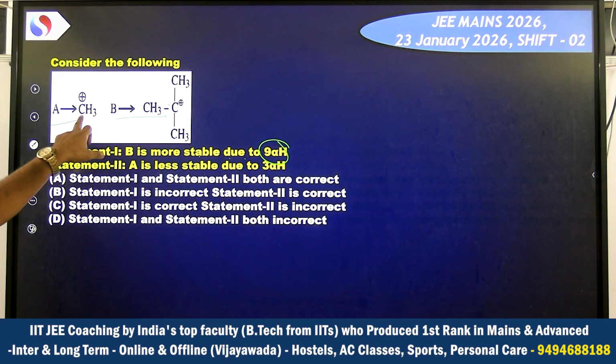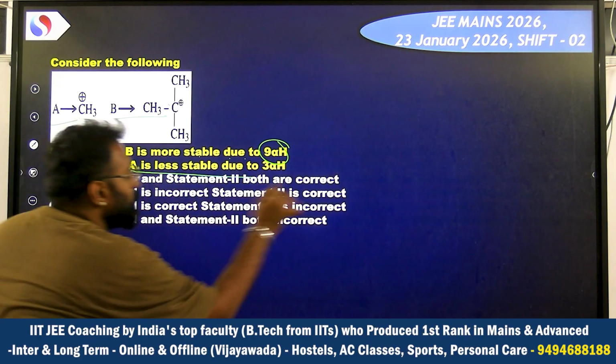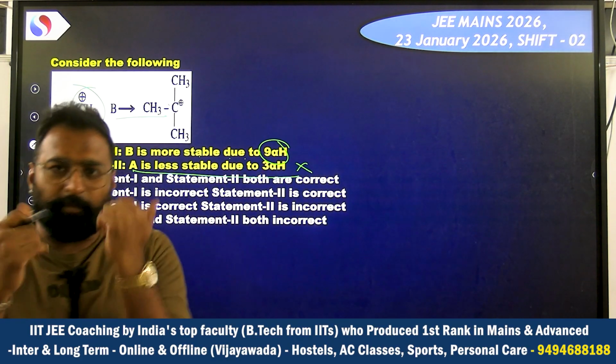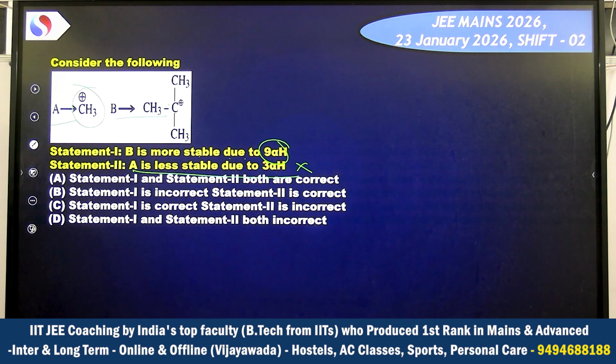So this is CH3, it does not have any alpha hydrogen. Dhyan rakho bhaiya, it does not have any alpha hydrogen. So statement 1 is correct and statement 2 is wrong. This is methyl, this is itself a functional group. So statement 1 is correct and statement 2 is incorrect. Option number C.